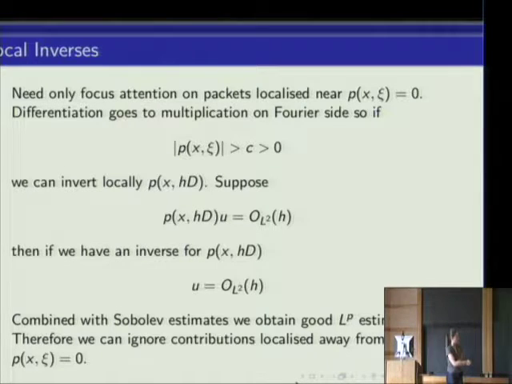So we say, suppose u approximately solves this equation, so we allow a sort of order h error. If p is invertible, then u is small. If u is small, it's not making a big contribution to the concentration, so we can ignore it. This gives us the L2 estimate, and then we can use Sobolev estimates to get the LP estimates from here. So as long as we're bounded away from 0, we get very good estimates. We're not going to worry about that. We're just going to focus on the place where the symbol is 0.